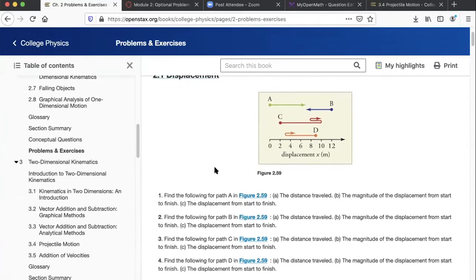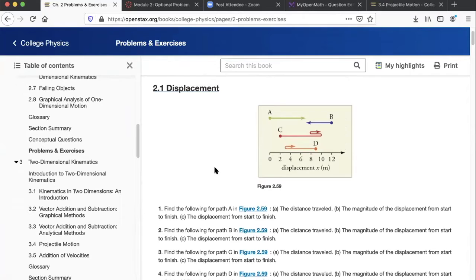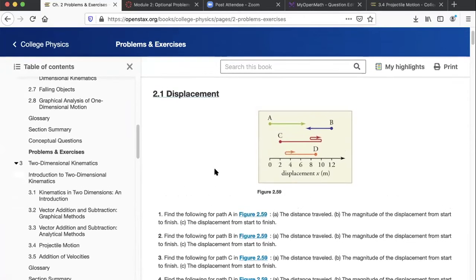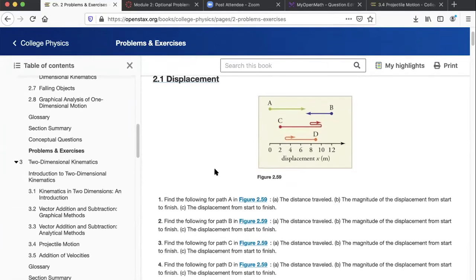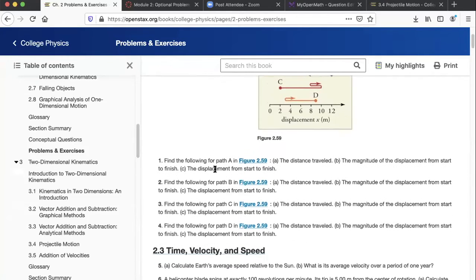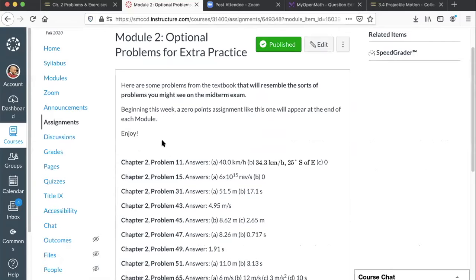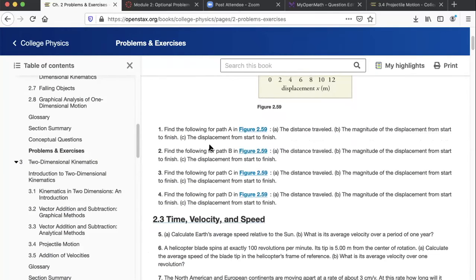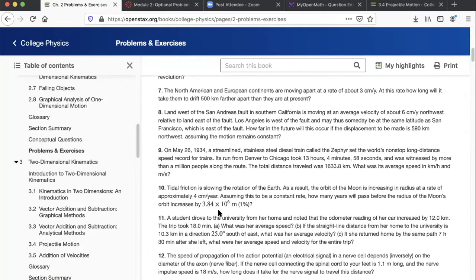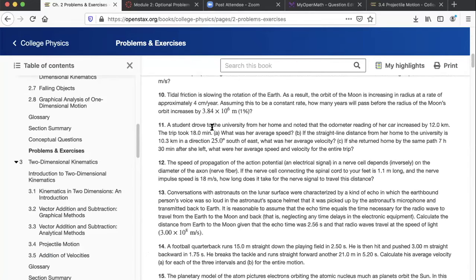And you can already see that some of these might look familiar to you if you had looked at the MyOpenMath. But then, for instance, if you want problem 11 in chapter 2, that would be this one down here, right? The student drove to the university.